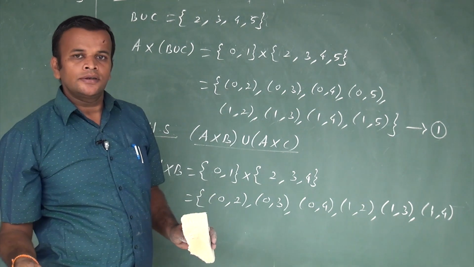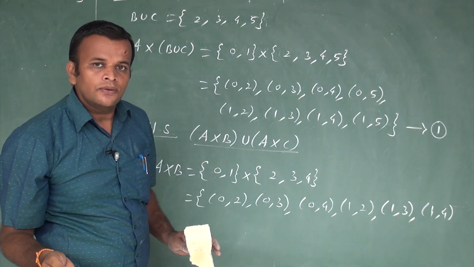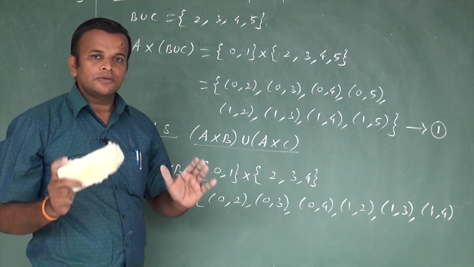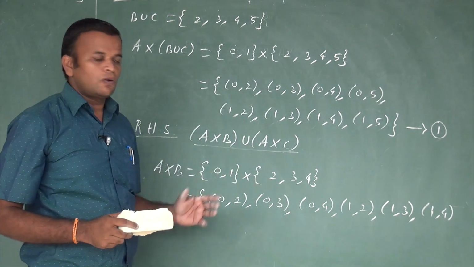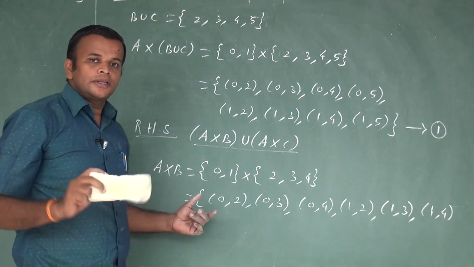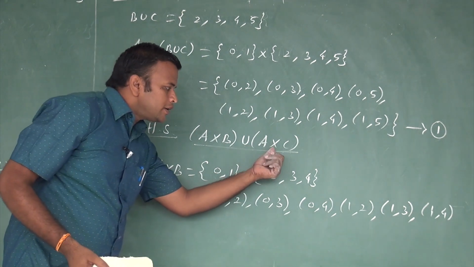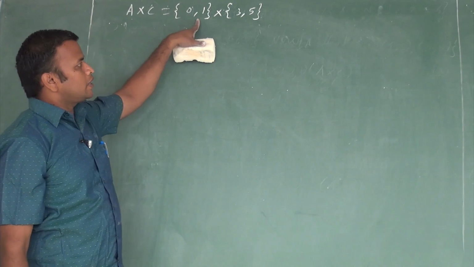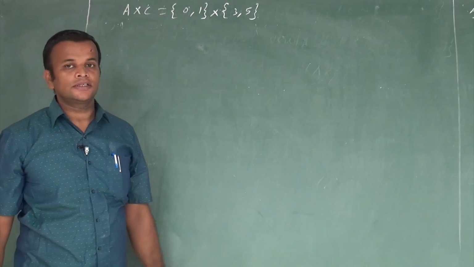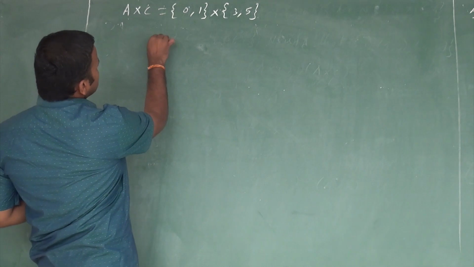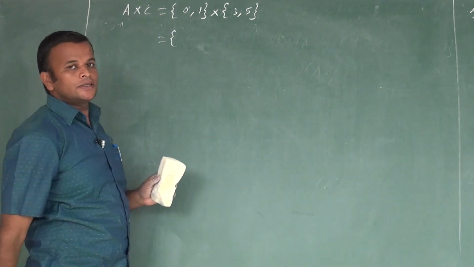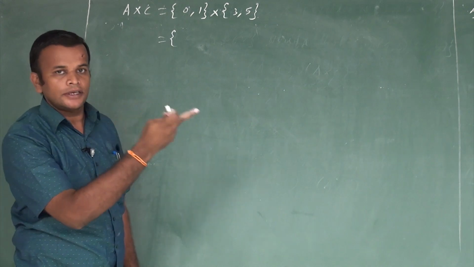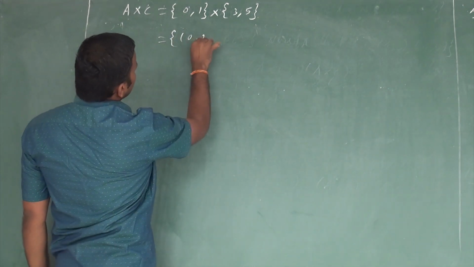Next we find the Cartesian product of A cross C, because we need the union of these two sets. One set is done, A cross B. The next one is the Cartesian product of A and C. A cross C is the values of A cross the values of C, 3 comma 5. The first possible ordered pair is 0 comma 3.